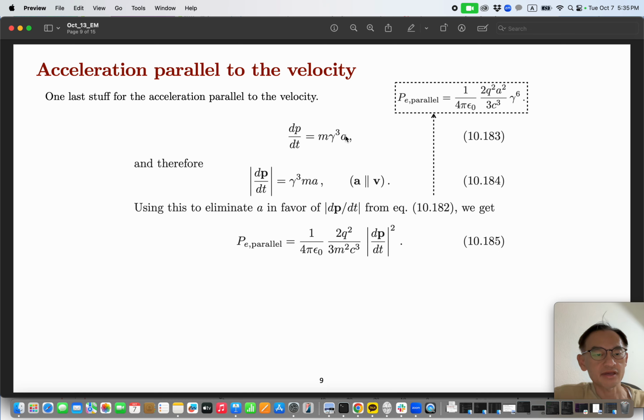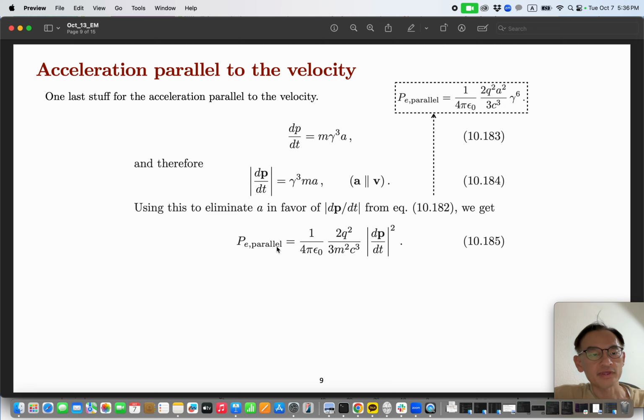This was calculated some time ago for the relativistic case. So by squaring it, we have a squared gamma to the power of 6, which was exactly the term that we had in the total power.